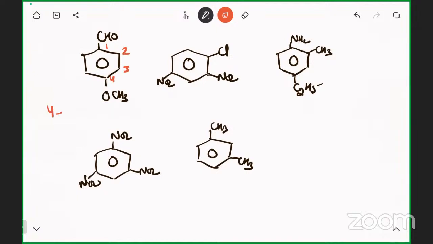If a higher priority functional group is present, then you write the other functional group as a side chain. On the side it is known as methoxy. So it will be 4-methoxy. Benzene with CHO is benzaldehyde. Okay. Next one.